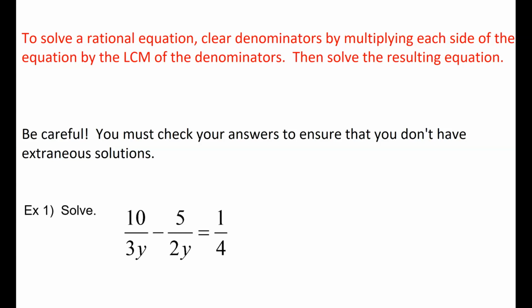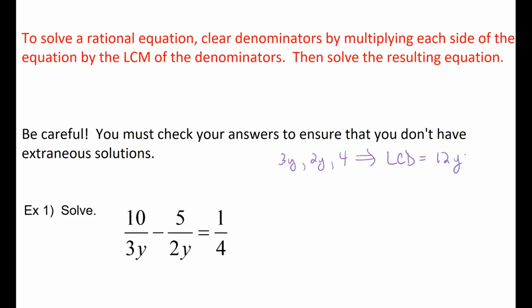All right, so coming over here, one denominator is 3y, one denominator is 2y, and one denominator is 4. So the least common denominator for all three of those would be what? 12y.